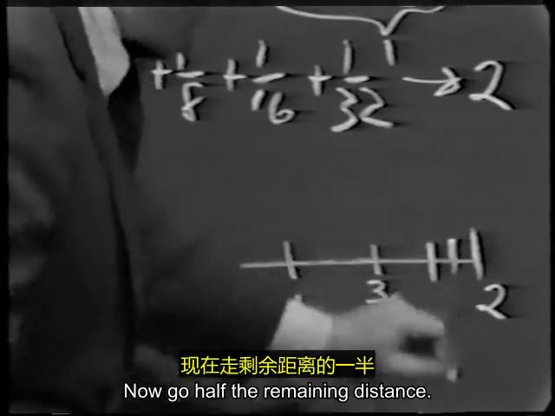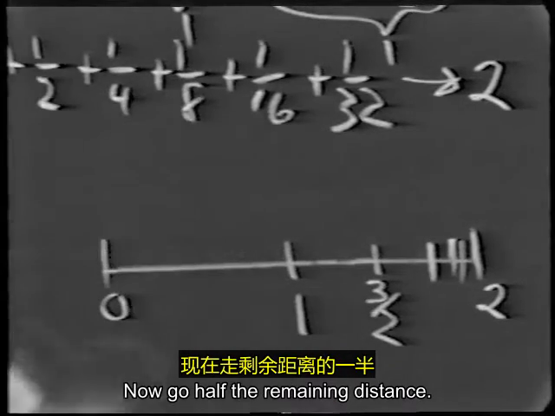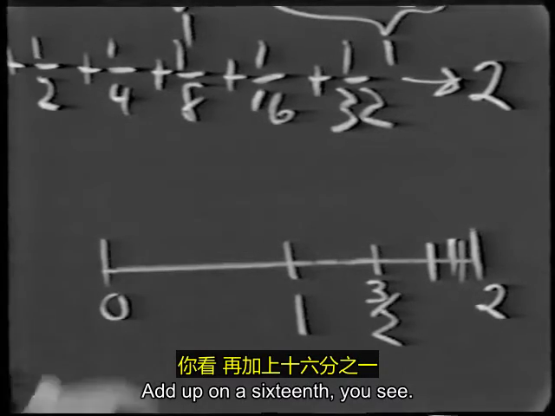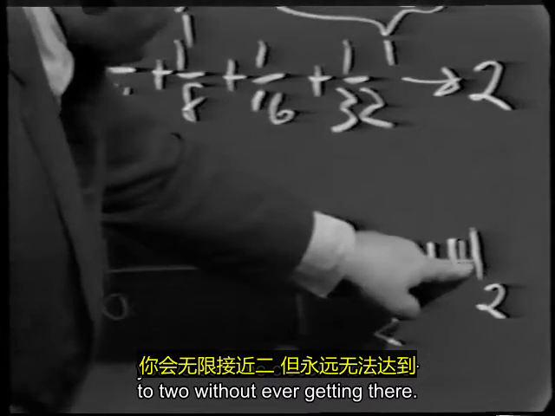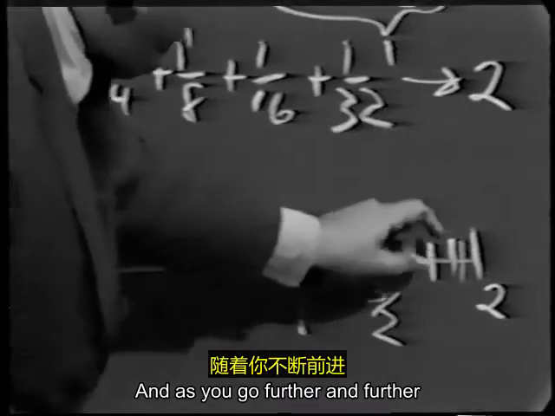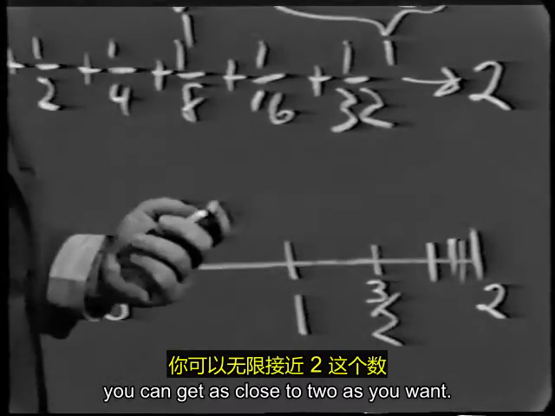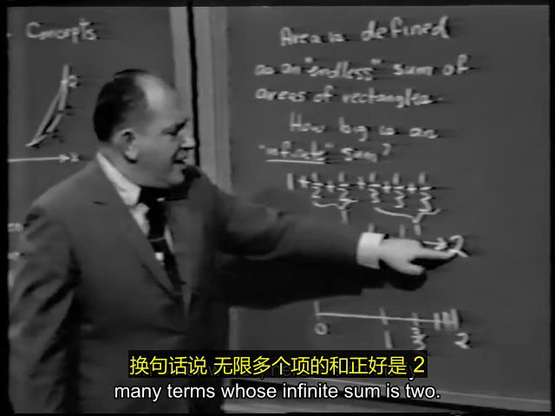Now go half the remaining distance. That means add on an eighth. Now go half the remaining distance. Add on a 16th, you see. And ultimately, what happens? Well, no matter where you stop, you've become closer and closer to 2 without ever getting there. And as you go further and further, you can get as close to 2 as you want. In other words, here are infinitely many terms whose infinite sum is 2.